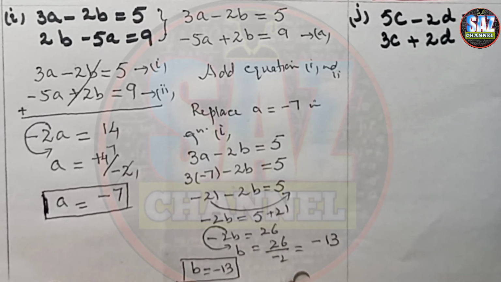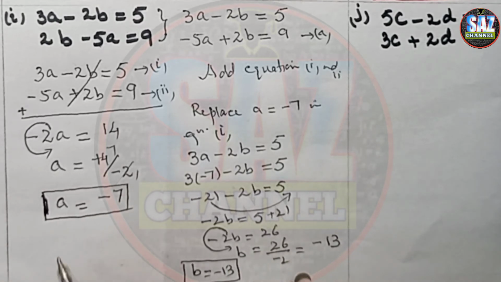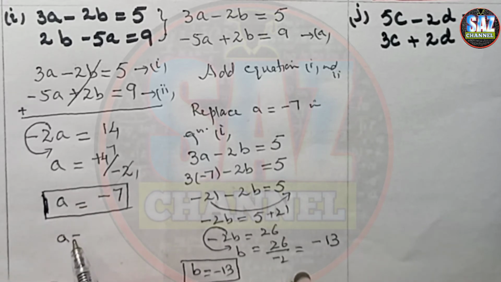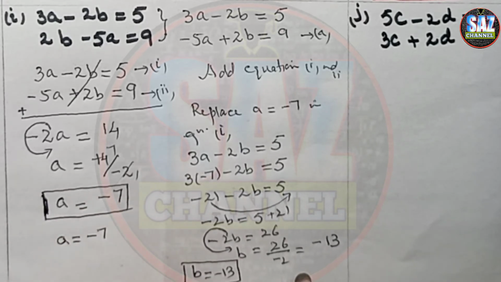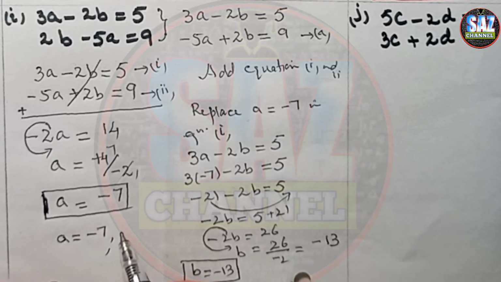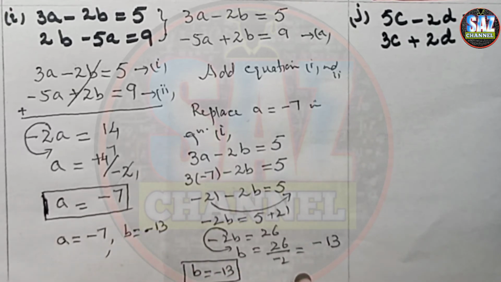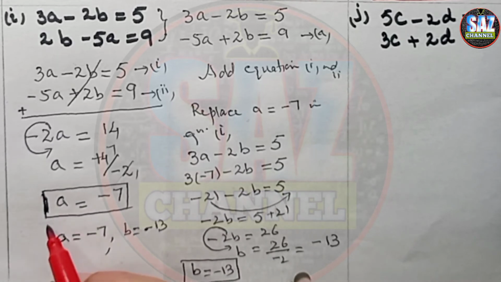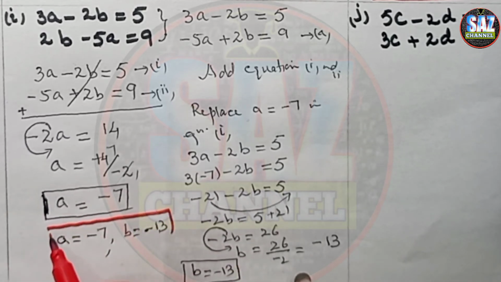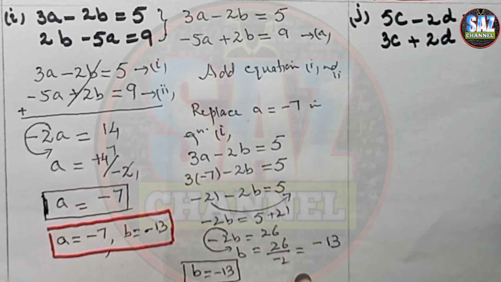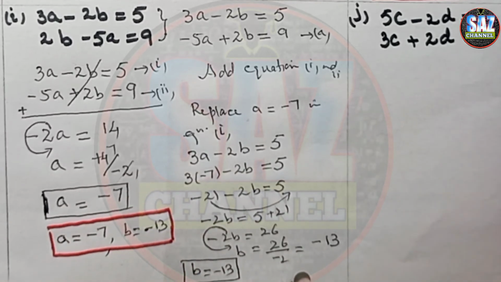And now let me block the answer. So the values of a and b for this situation are: a is equal to minus 7 and b is equal to minus 13. I hope you are clear about this question, and how to identify the coefficients, and how to decide whether we are going to add up the equations or subtract.